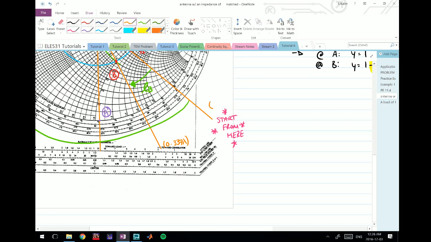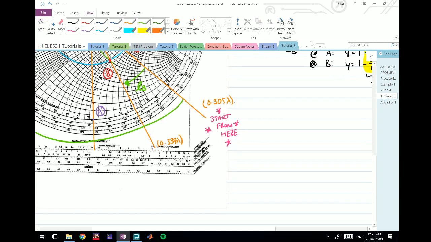And this point we'll call what? 0.3, that's 2, 4, 5. 0.305, because that's about halfway between 0.3 and 0.31.